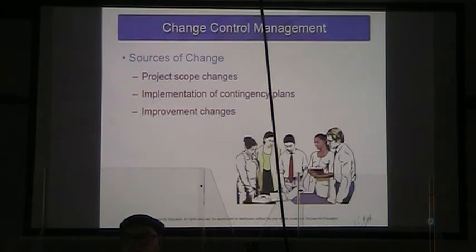Part of that is going to be, do we have to implement any of our contingency plans, right? Are our contingency plans adequate to our risk events? And as we identify changes, again, we have to go back through the risk management process over and over.